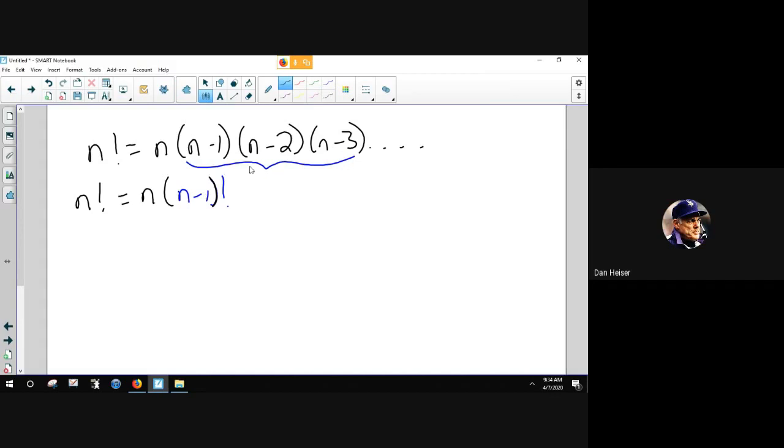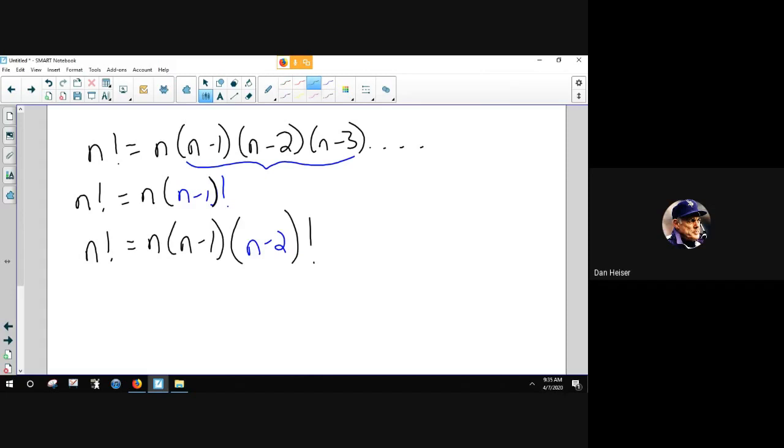All of this stuff here is just n minus 1 factorial. And again, this is a simplification technique. You can also say that n factorial is n times n minus 1 times n minus 2 factorial.